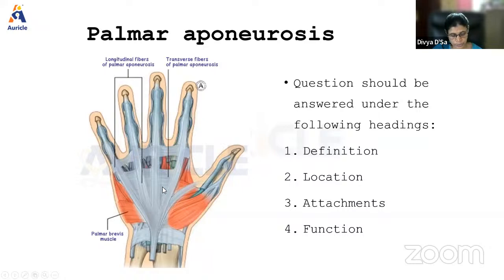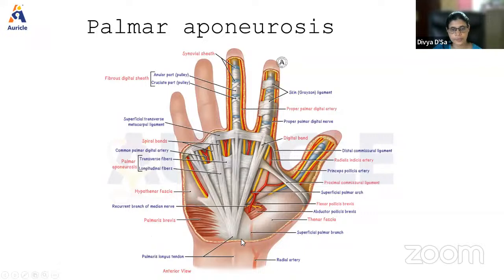So the palmar aponeurosis is a very well defined area here if you see. Basically it covers the long flexor tendons as well as the superficial palmar arch. It protects that superficial palmar arch and underlying nerves. Okay, so here its apex is directed proximally.